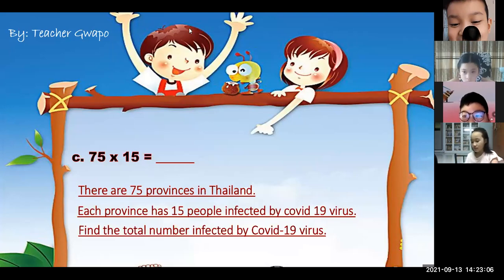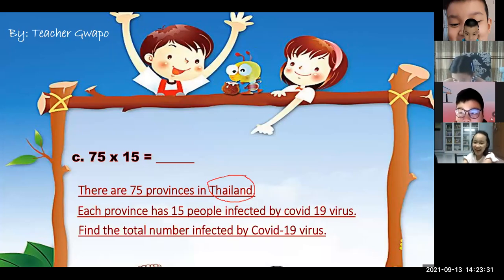So here, instead of Thailand, what country you want to use? Ravinipa, what country you want to change? China? Australia. Okay, Australia or China.